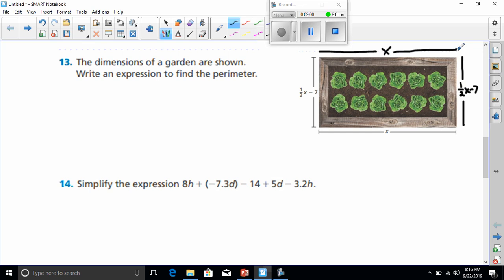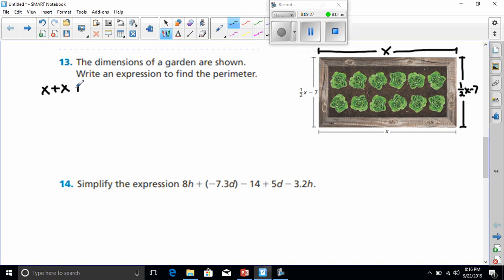And now I'm ready to go ahead and work my problem, because what I realize is that I have 2 of these and 2 of these. So let's write that expression. First, I have an x and an x plus an x, right? And then over here, I have 1/2 x minus 7.